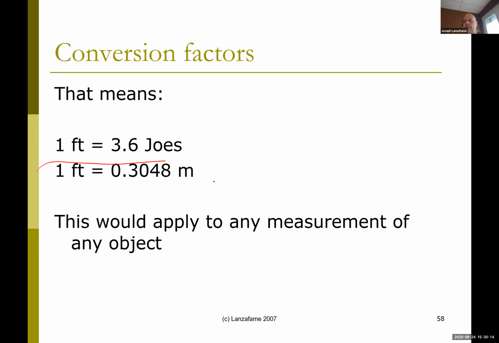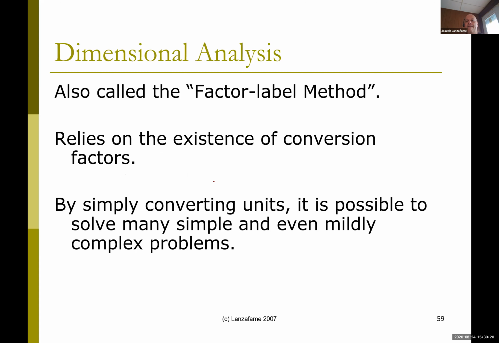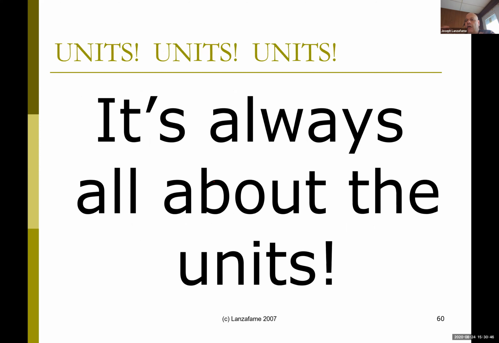The reason that's important is because when I have equivalence, I have essentially equality, at least in magnitude. And so I can do what's known as dimensional analysis, also sometimes called factor label method, which uses conversion factors to make either editorial changes or scientific changes. But it all relies on the existence of equality, because what I'm really doing is changing the units. I don't want to change the magnitude.